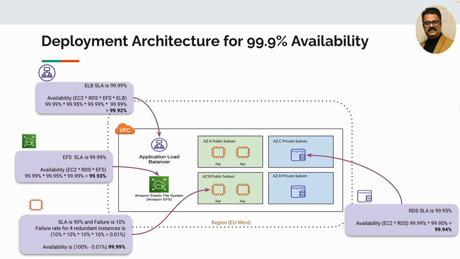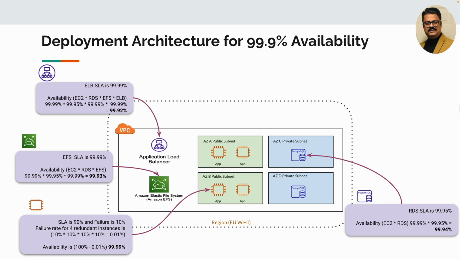We still have a single region dependency as all of our services are running in one region. But we do have multiple zones to reduce service unavailability due to zone failure, which is a reasonable design, but not a globally distributed and highly available design. And there is a reason why I have not introduced multi-region yet to our deployment architecture.